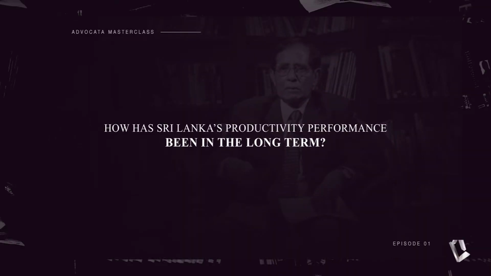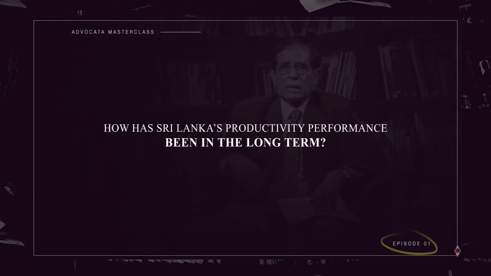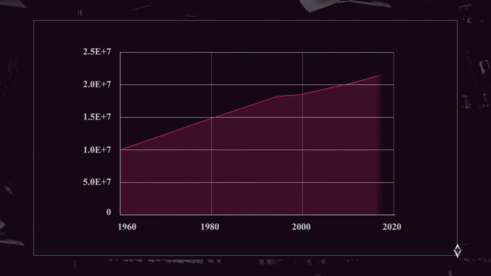Now let's talk about the Sri Lankan case. In the Sri Lankan case, our total factor productivity has not been very impressive. Our average growth rate has been around 4.1 to 4.3% over a 50-year period. That's not a very bad record, particularly because, very fortunately for us, our population growth rate has been quite steady and low compared to our neighbors, certainly compared to other countries at our same level of income.